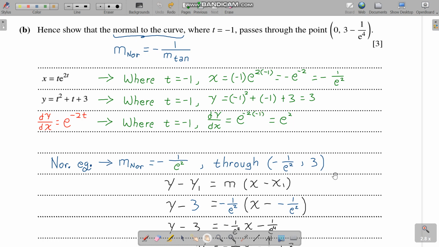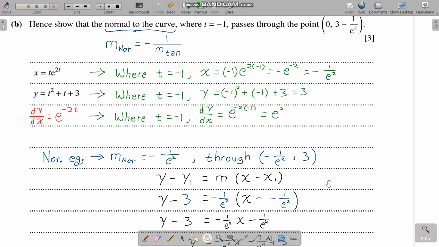So now to find the normal equation, we use the y minus y1 formula, not in MF19 unfortunately. We know that the normal gradient is minus 1 over the tangent gradient. The dy/dx is the tangent gradient in calculus.